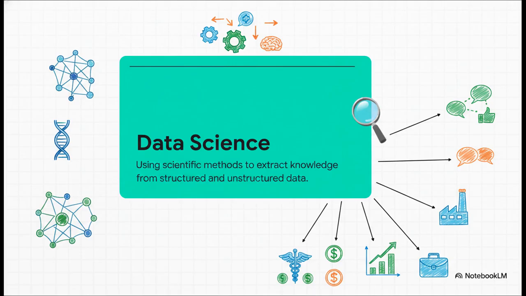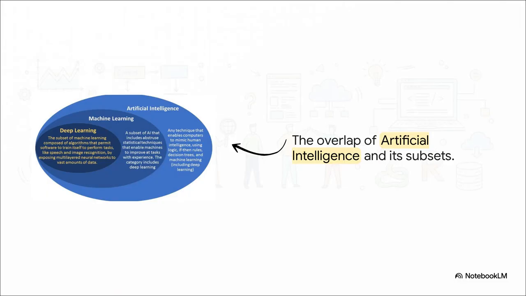These insights are absolutely crucial for practically every industry out there, from modern healthcare and finance to social media and global business. Now, you hear these buzzwords all the time, but this brilliantly breaks down how artificial intelligence, machine learning, and deep learning actually relate to each other, because beginners confuse these all the time. AI is the massive umbrella, basically any technique that lets computers mimic human intelligence.